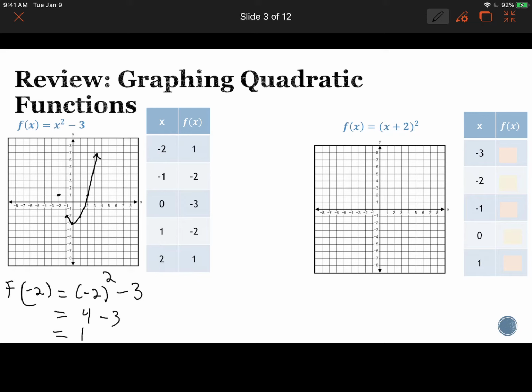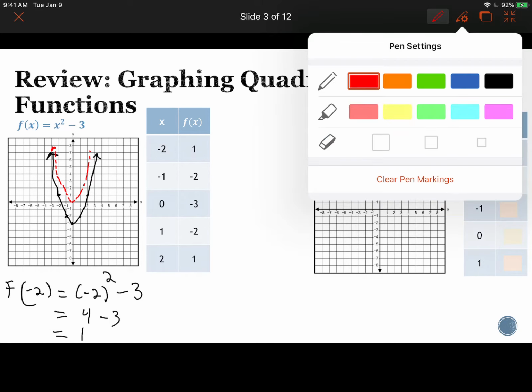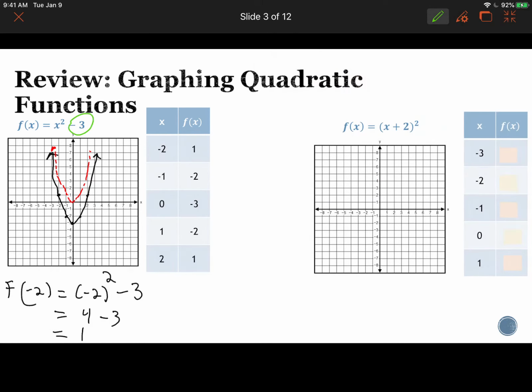So, what do we notice? If you remember, my original, or my parent function, looks something like this. Because I'm subtracting the 3, I have a vertical shift down. 1, 2, 3, 3 units. This is going to come in handy later on.